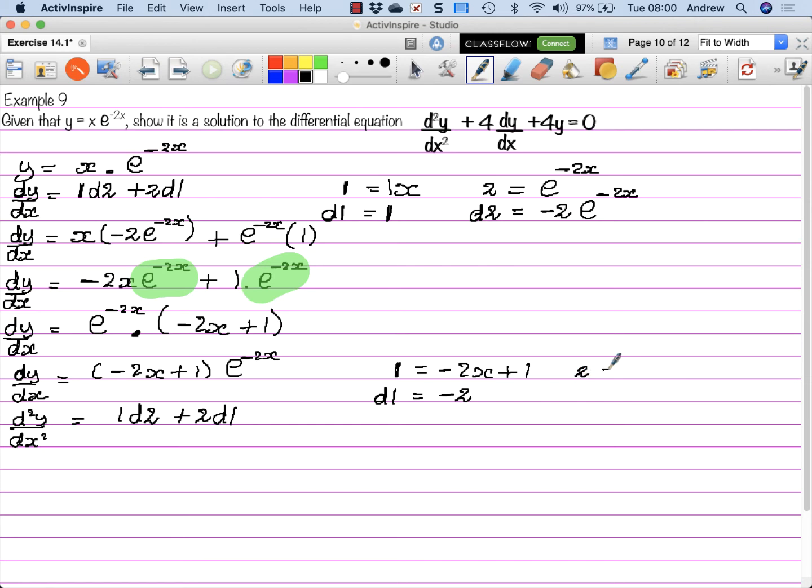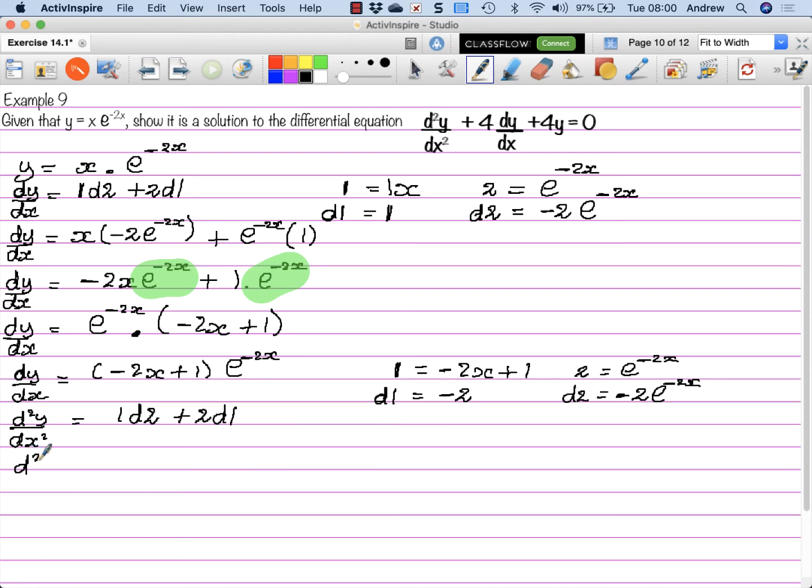The second function is equal to e to the minus 2x, which of course we've already done up above. So the differential of this second function, we've already worked it out, is minus 2 e to the minus 2x. So all we've got to do now is substitute it in.